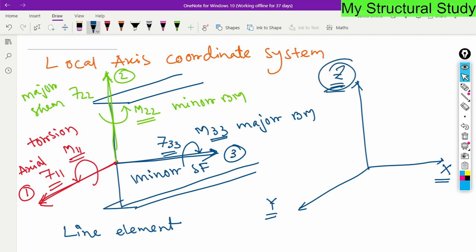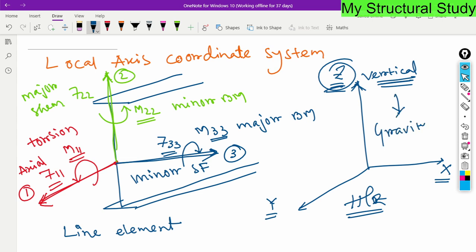Z axis we know is the vertical direction, and the X axis and Y axis are in the horizontal plane. This vertical plane means along gravity. This is the gravity direction. So this is called the global axis coordinate system.